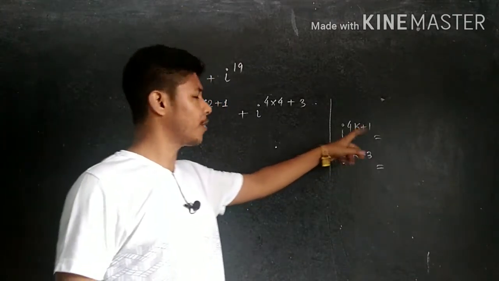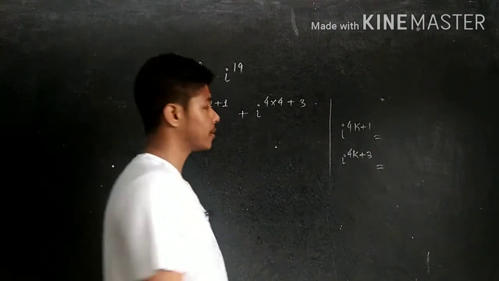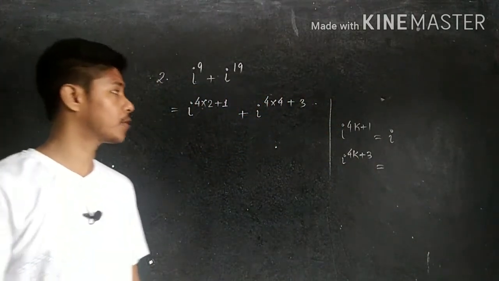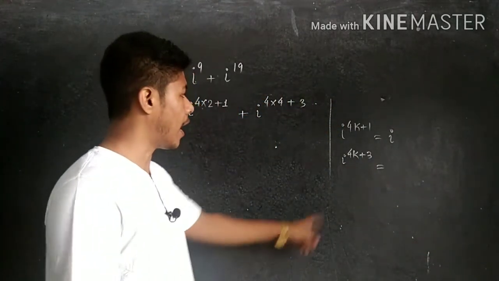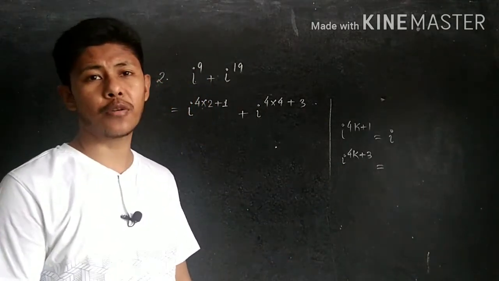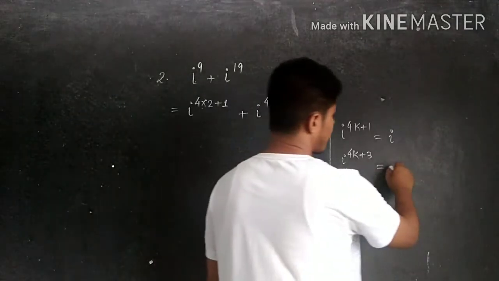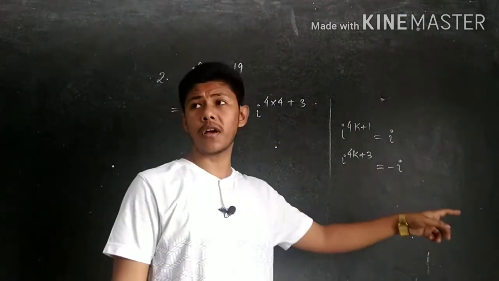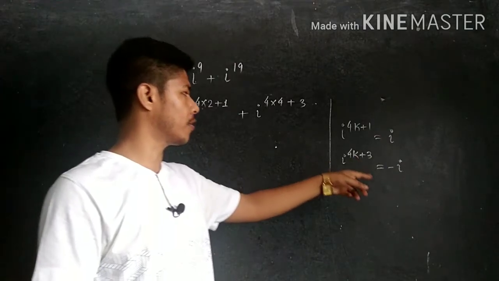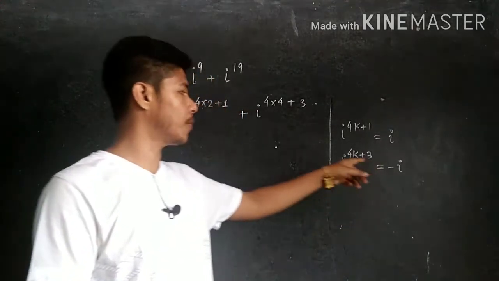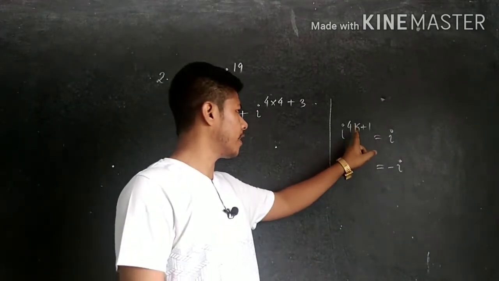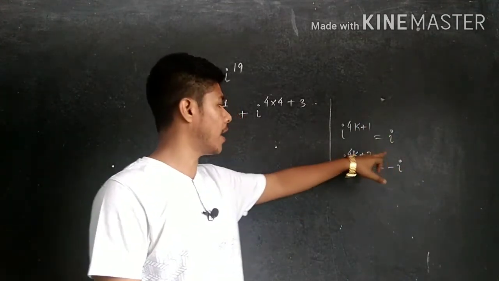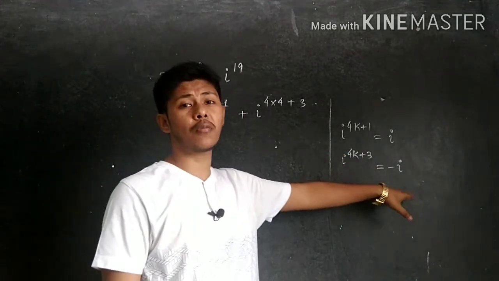I to the power 4k plus 1 means i, and i to the power 4k plus 3 means minus i, because i cube means i square into i, and i square is minus 1, so ultimately minus i. So the general value of i to the power 4k plus 1 is i, and i to the power 4k plus 3 equals minus i.